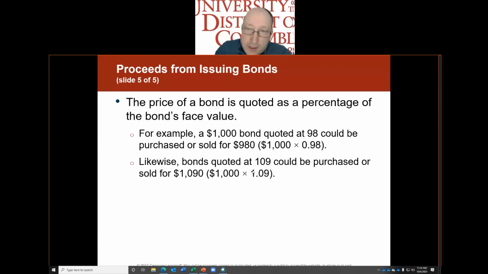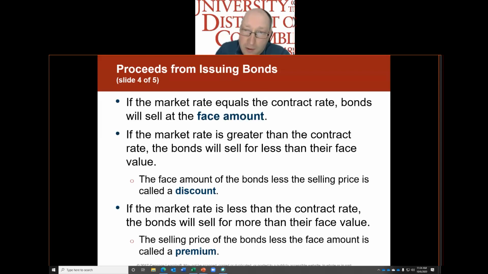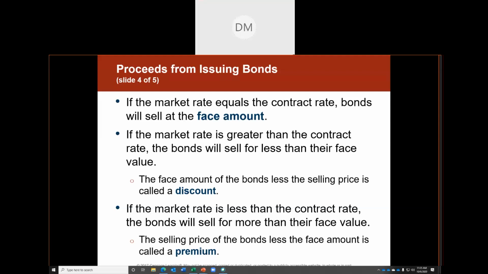Now, what does that tell us? If we purchase for $980 a $1,000 bond, are we buying it at a discount or a premium? What do you think? Premium? Let's see.